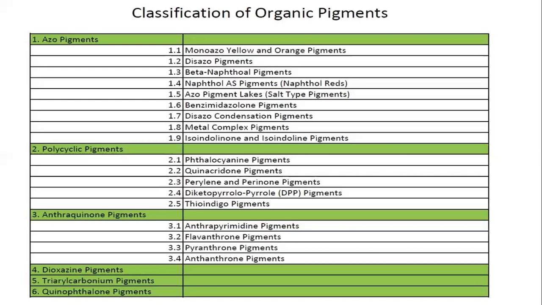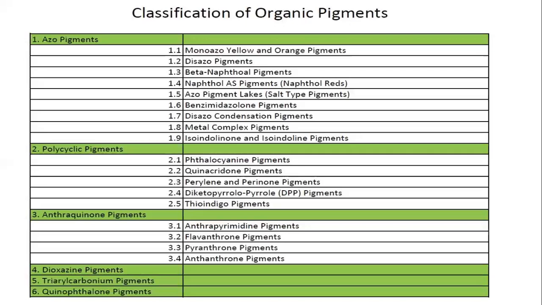Then we have anthraquinone pigments, used for coloring paint, ink, plastic, fabric, cosmetics, and also food. Flavanthrone pigment is used in graphic painting and ink. Then we have pyranthrone pigments and anthracene pigments, used the same as above. Then there are diazine pigments, triarylcarbonium pigments, and phenolphthalein pigments.